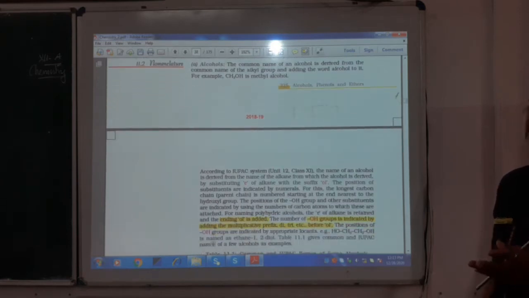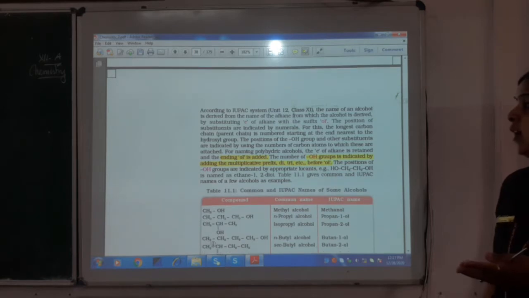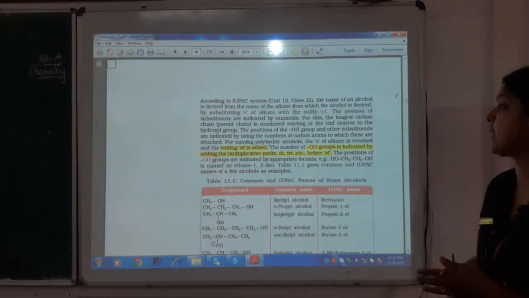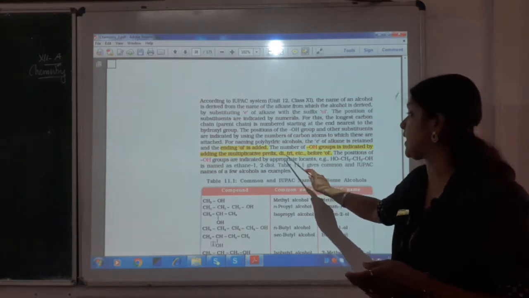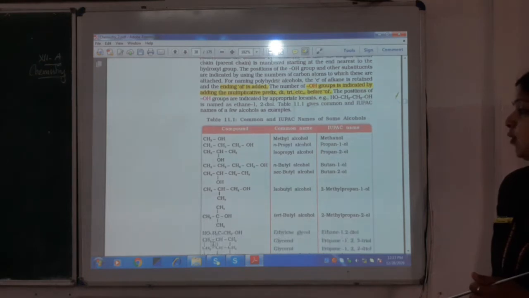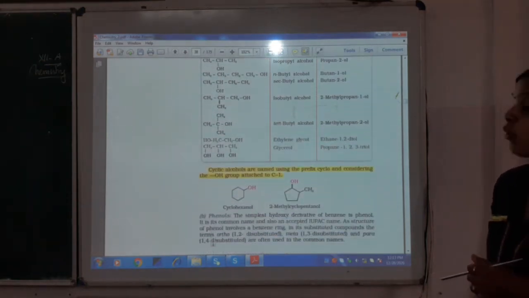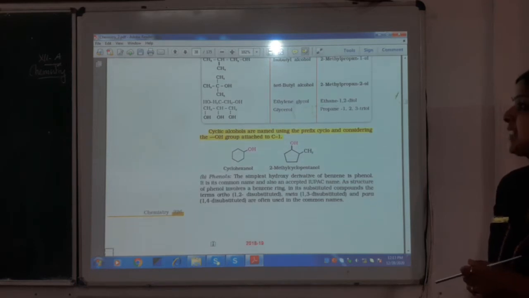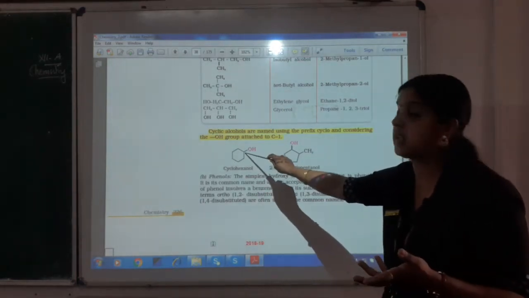Nomenclature, you know, we have already done in 11th standard, even in 10th standard, where the alkane E is replaced by OL, and depending on the number of OH groups, we add di, tri and polyhydric alcohols. You have different examples in your textbook. We also have a group of compounds called cyclic alcohols, with no double bonds inside the ring.